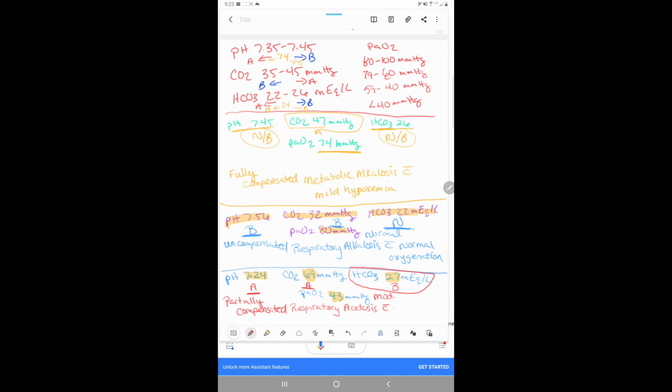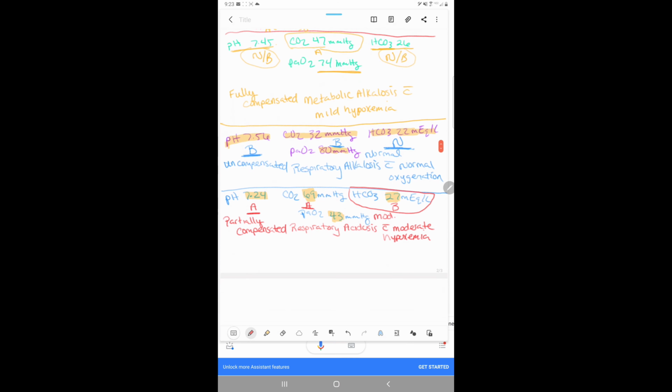It's a moderate, so we'll put moderate hypoxemia. And there you go. You just did another ABG. This patient had a partially compensated respiratory acidosis with moderate hypoxemia.